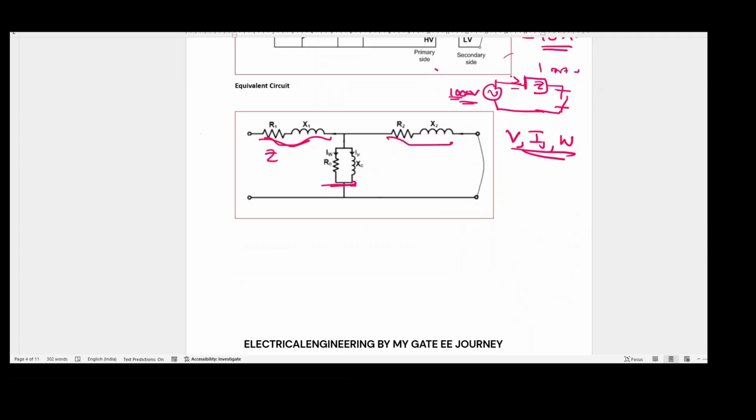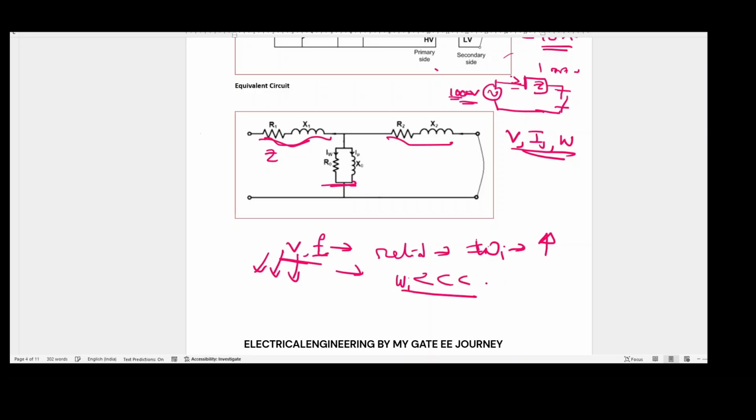Here we can see that when voltage and frequency are at rated values, our iron losses are constant and at a specific value. But in the SC test, we apply very little voltage at rated frequency, and because of that, iron losses are very much lower than copper losses. That is the reason we don't consider this shunt branch.